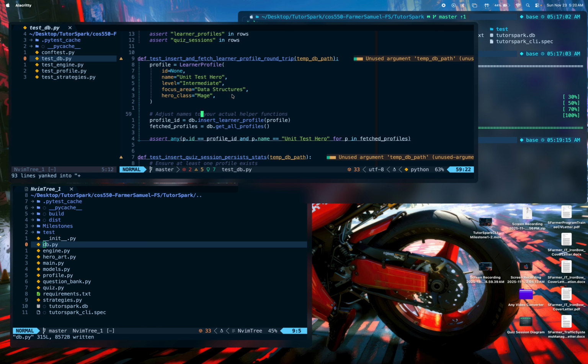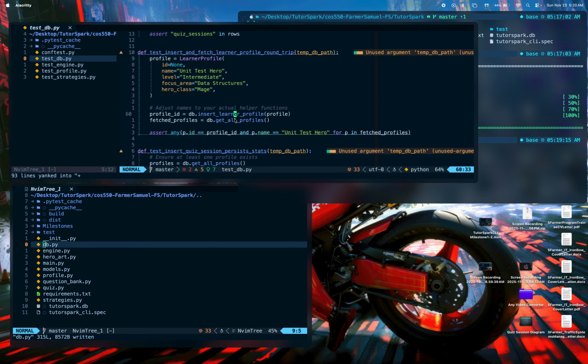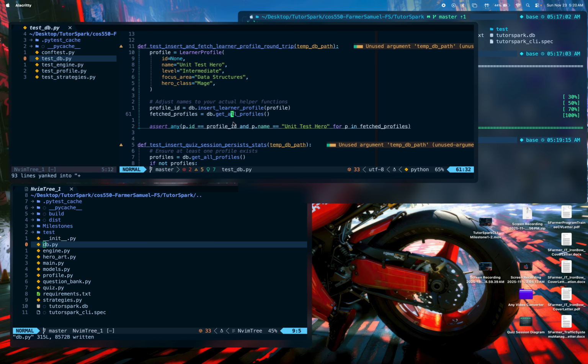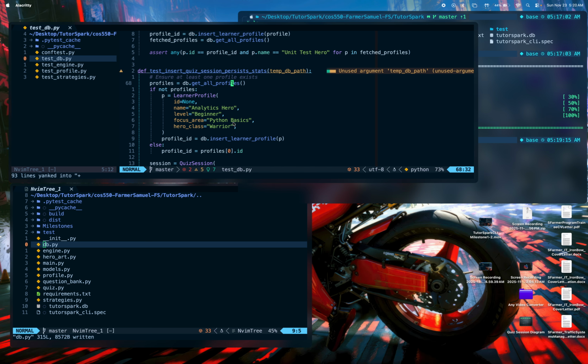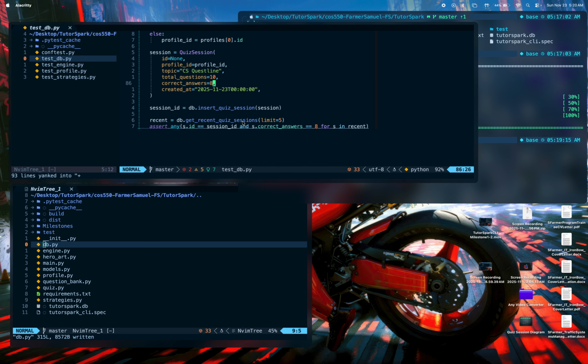Our test insert and fetch learner profile round trip creates a learner profile via the DB insert learner profile, and then it uses the DB get all profiles to verify that the name, level, focus area, and hero class are persisted correctly. The test insert quiz session persist stats ensures that when I insert a quiz session, it actually shows up in the DB get recent quiz sessions with the right total questions and correct answers. Together, these are integration tests between my Python code and the SQLite schema.